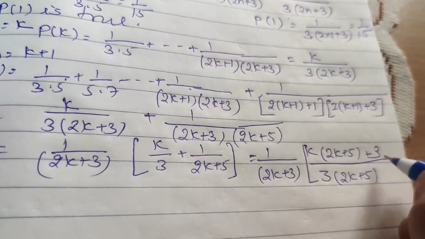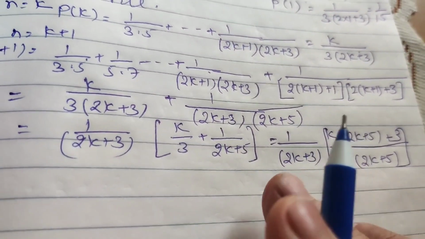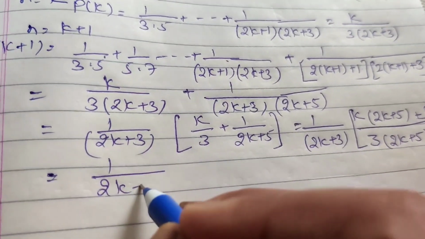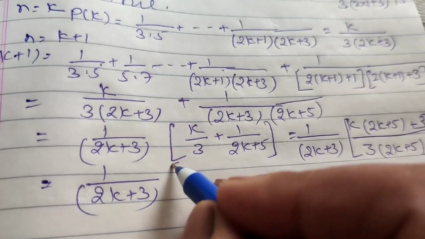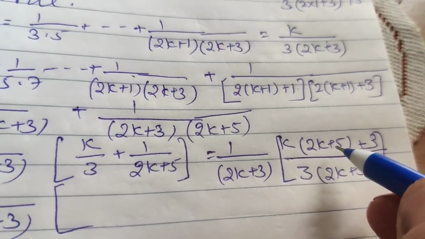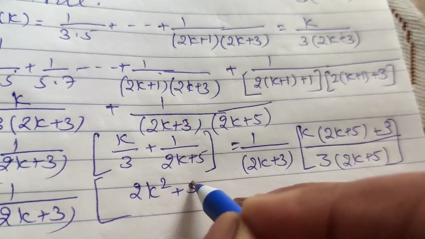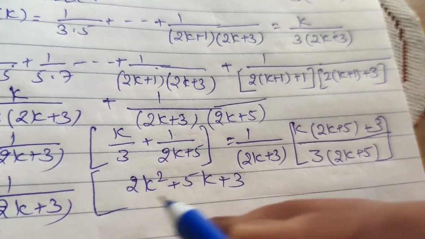By taking LCM, just add. Now solve: it is 2k square plus 5k plus 3, and factorize this term.